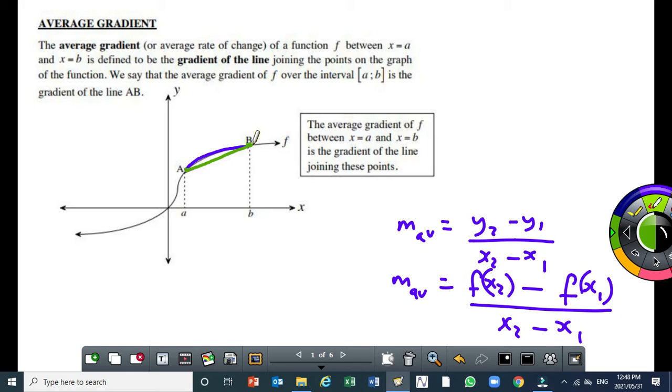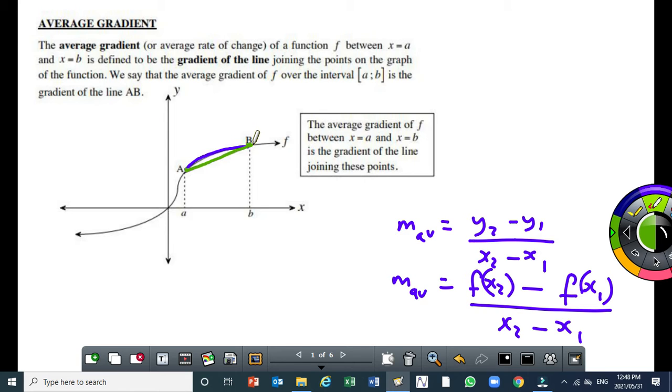So if you draw a straight line AB, you can use that straight line AB to estimate the gradient between point A and B along the given function. Okay, so in that case, the gradient, or rather the average gradient of that function will be equivalent to the gradient of the straight line AB. Right?